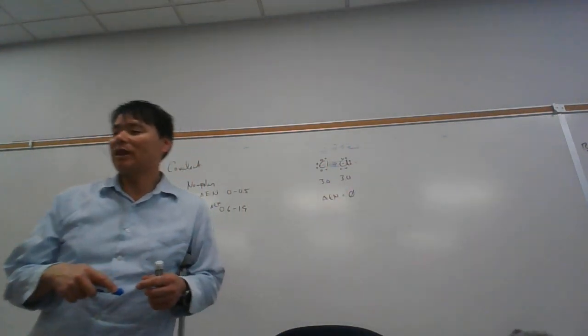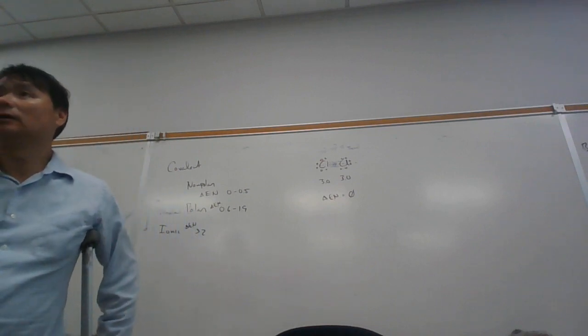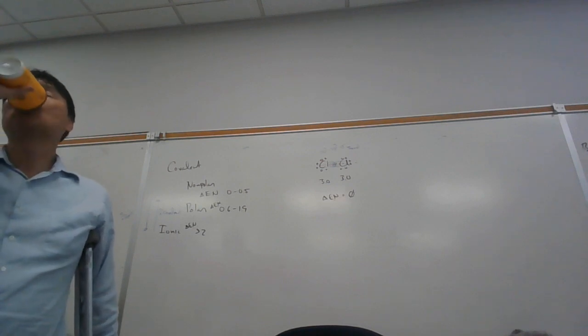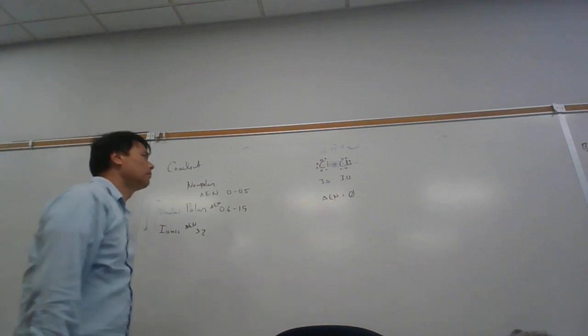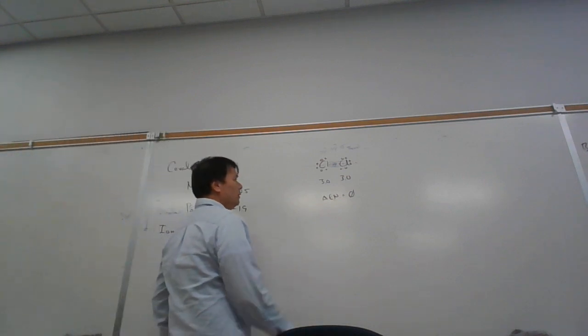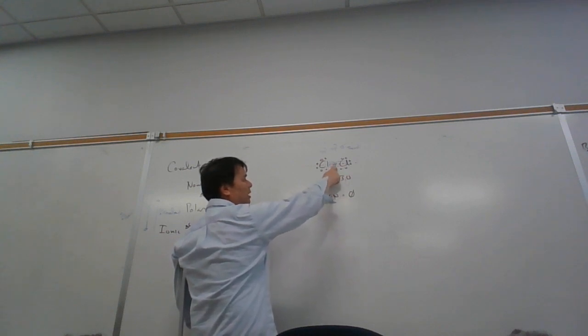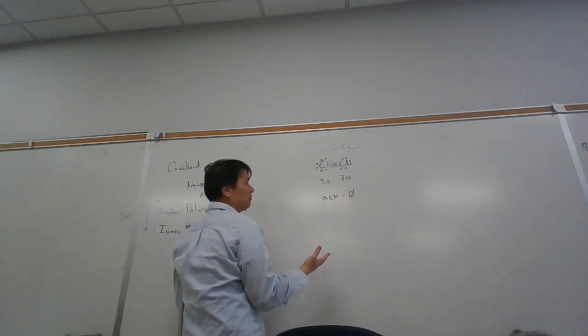If the overlap is outside the internuclear axis, we call it a pi bond, like the Greek letter pi. This is nonpolar because it's an even pull, and therefore we expect this electron cloud in the bonding region to be very symmetric.